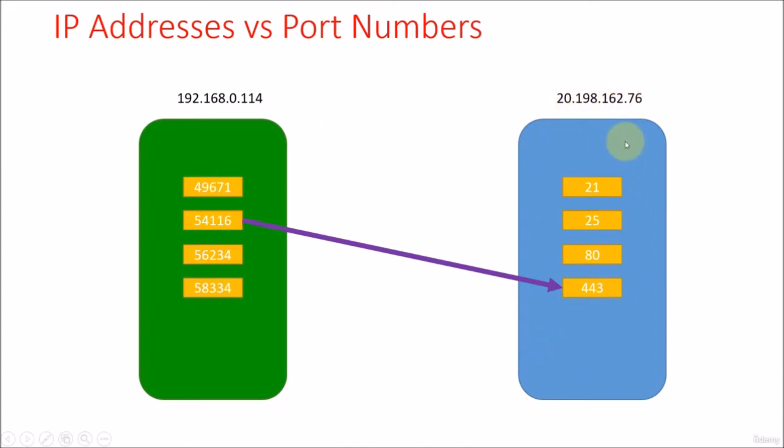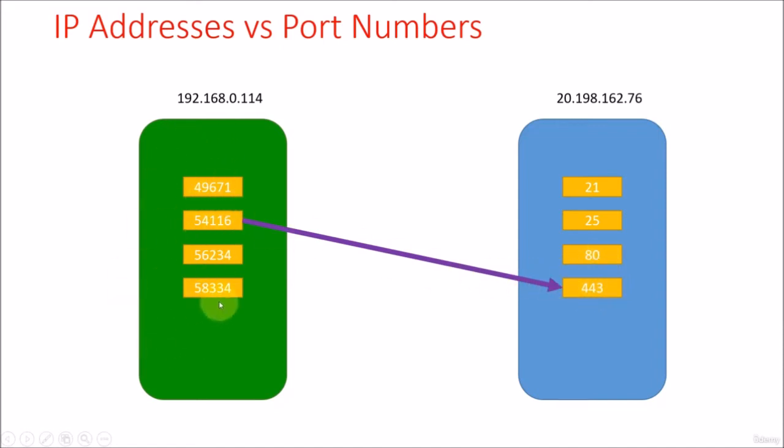This machine is typically a server because you can see the port numbers are well-known port numbers: 21 for FTP service, 25 for SMTP or email, 80 is for web server, and 443 is for secure socket layer, SSL, which is also a web service but running encrypted over the internet.